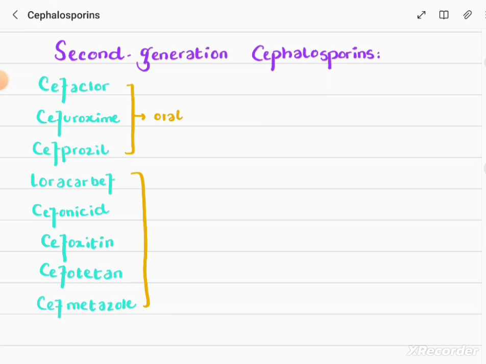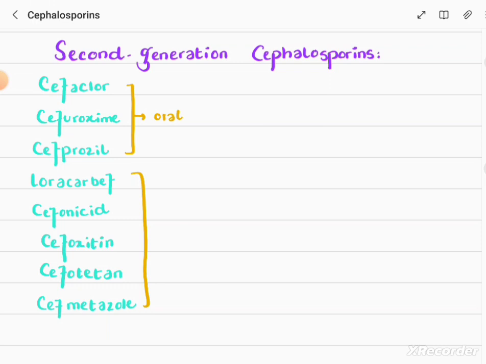The IM administration is usually painful and should be avoided, and IV infusion is usually preferred over IM injections. The first 3 drugs of this class can be given in oral formulations. They achieve very good concentrations after oral dosages, and they are well distributed throughout the body except for the CNS.